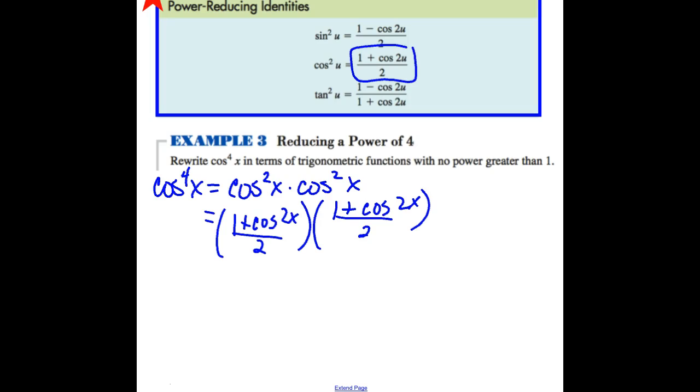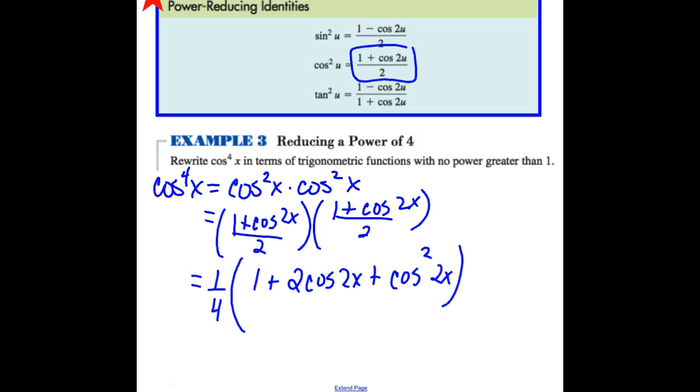A 4? Can we pull that out front, factor it out front, and write it as 1/4? Like that? Okay, I'm just going to do that to move it out of the way so it's not quite so messy. What do we get now if we take the 1 plus cosine 2x times 1 plus cosine 2x? Agree, disagree? We're just foiling it out?